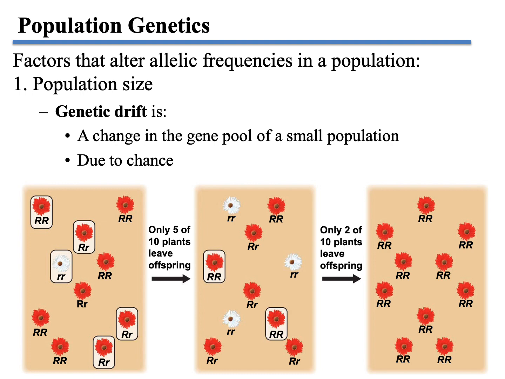And then in this example, which is in the center of the slide, if only 2 of those plants continue on to produce or allow for production of offspring in the next generation, what has happened in this very small population is that we've entirely lost the white flower color overall, as well as the recessive allele. And again, this is a very specific example, but it does drive home the idea of what can in fact happen in small populations.